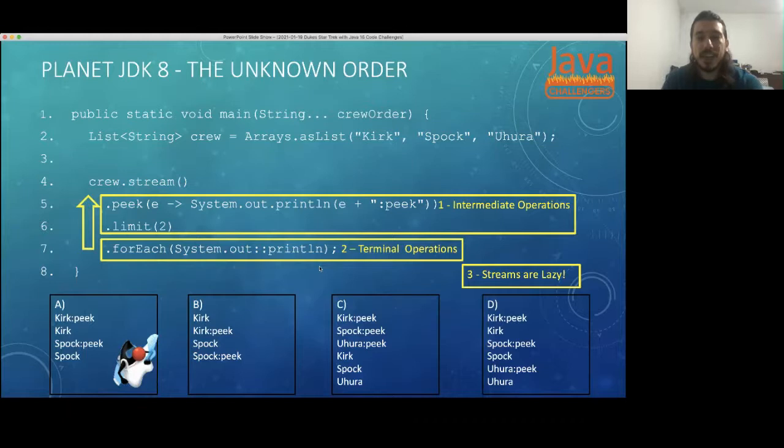Which means that streams will be more performant because we don't need to go through all the elements. Instead, all the pipeline, all the intermediate operation methods are read, and then once we trigger them with the terminal operation method, only then we're gonna be listing all the elements. So that's why we go through the elements only twice.